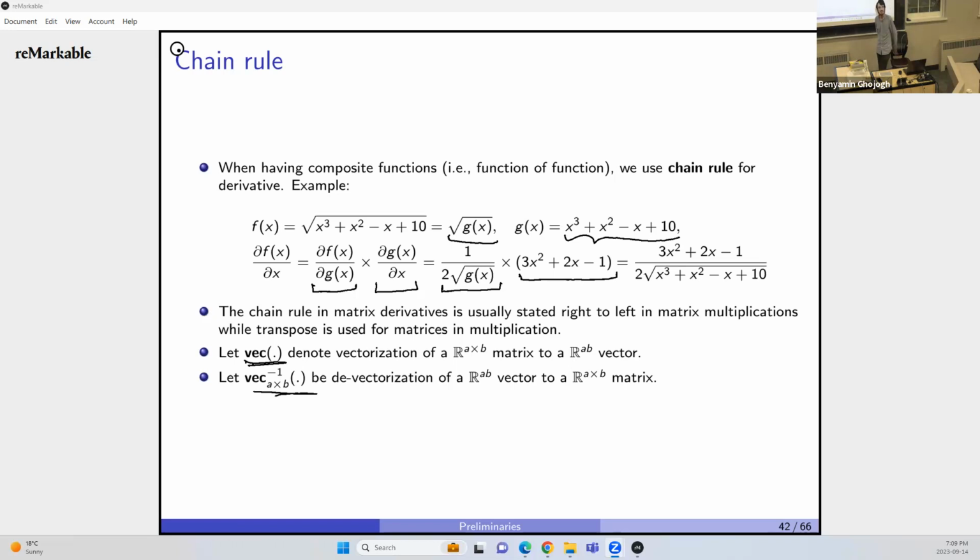So what should we do in these cases? When I have the derivative of a vector with respect to a matrix, what happens? Can you give me suggestions for handling such cases? In this case, I can simply vectorize or reshape them, right?